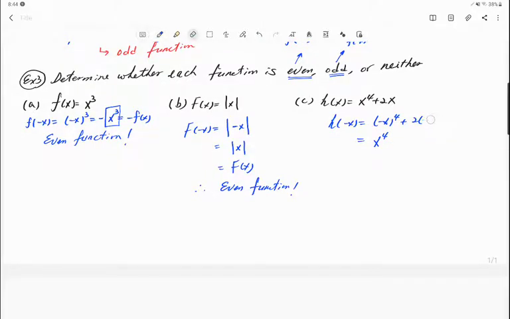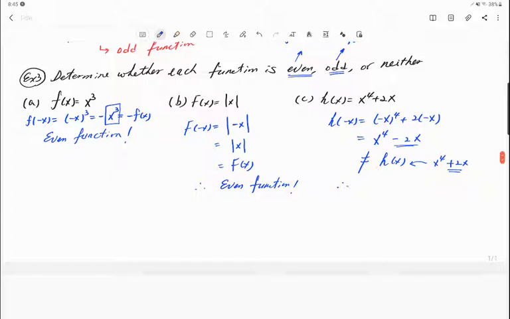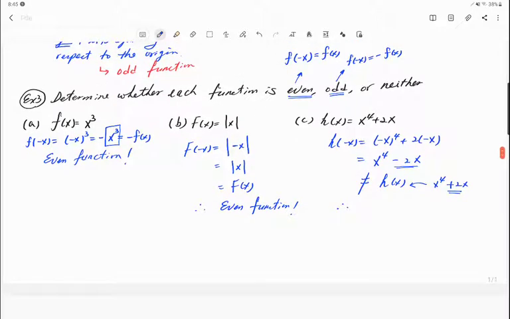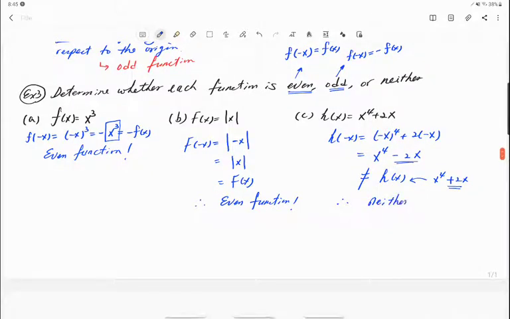So replace x with negative x, so that will be minus 2x. And is it the same as h of x? No, because h of x is x to the fourth power plus 2x. This is plus 2x, this is minus 2x, right? So it's different. So this is not even. This is neither, right? Neither. But look at A and B.